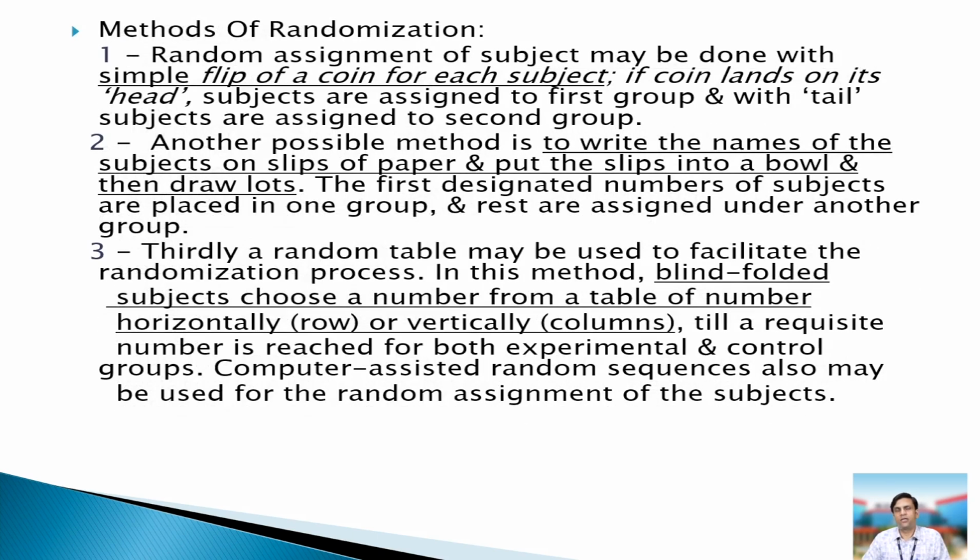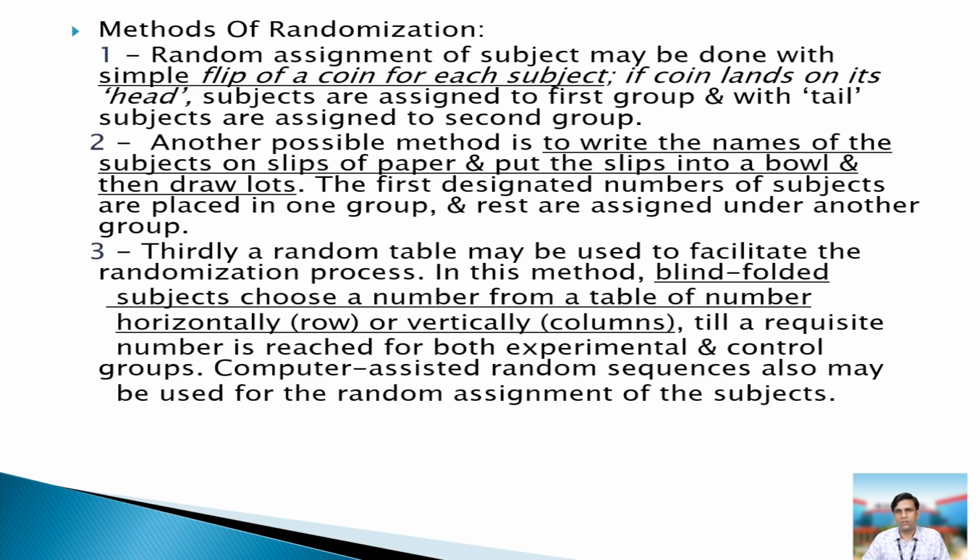Now, there are certain methods of randomization through which systemic bias can be eliminated from the true experimental research design. The first and very common method of randomization is the flip of a coin. Now, what is usually done in this type of method?